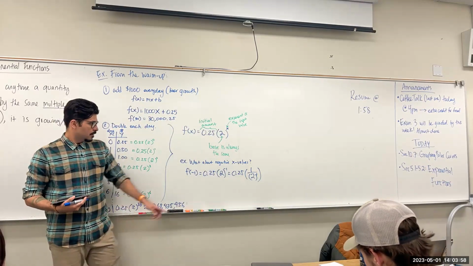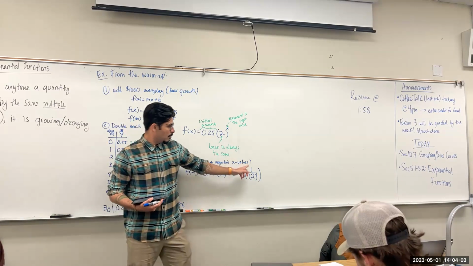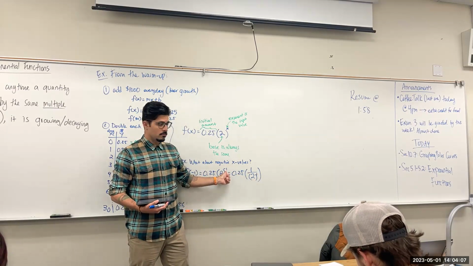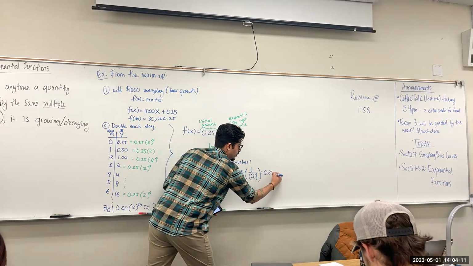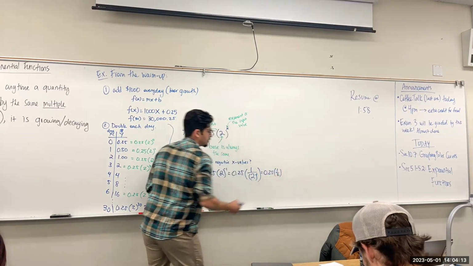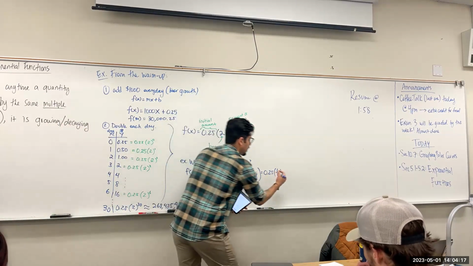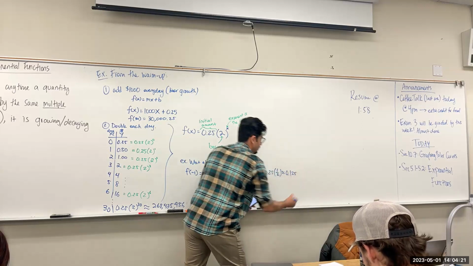So I'm rewriting this as 1 over 2 to the positive 1. It just becomes 0.25 times 1/2. Put that in the calculator, and you get 0.125.